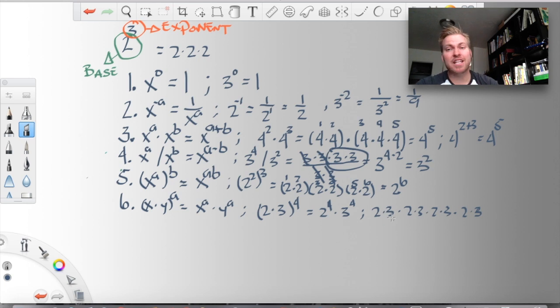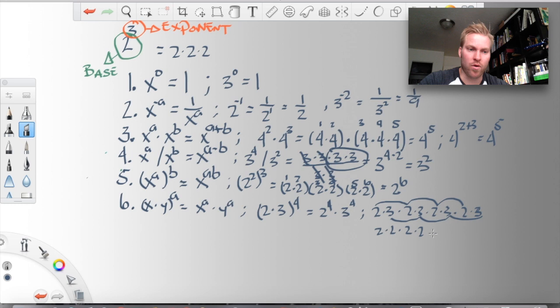And multiplication being associative, I can rearrange this however I want. And so this would really be the same. I could pair up all of my twos, right? Pair up my twos, and I've got 1, 2, 3, and 4 there that I can see. So I'd have 2 times 2 times 2 times 2. Multiply that all by my threes, which I can see that I have 4 of those.